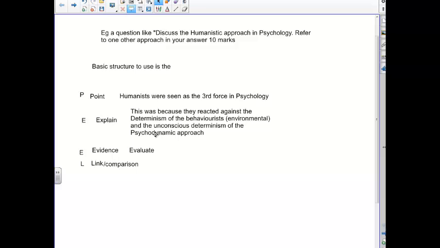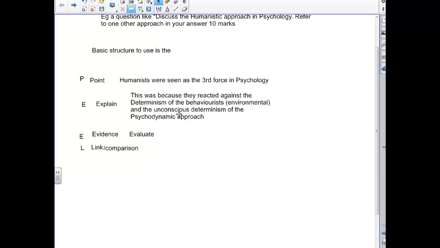So, for example, Watson and Rayner, or Skinner, or Pavlov, or something like that as our evidence. But with the humanists, we're not going to put that in with this particular point. It doesn't matter, we're still going to get the marks, okay? It just depends on what the context is. It depends on what the question is and what information you've got to hand. So I'm going to kind of compare and therefore get my AO2 at this point, all right?